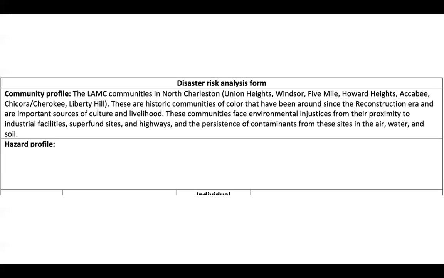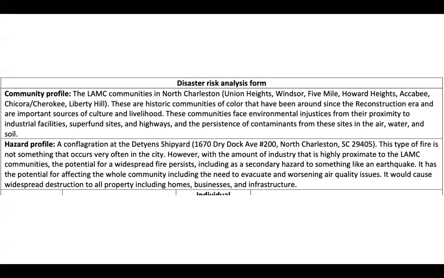Our hazard profile is the same as it was in the vulnerability assessment form. We have a conflagration at the Detjans shipyard at 1670 Dry Dock Ave in North Charleston. This type of fire is not something that occurs very often in the city.